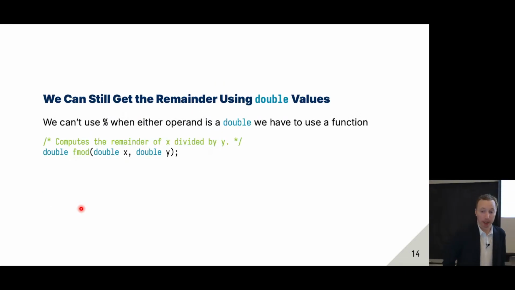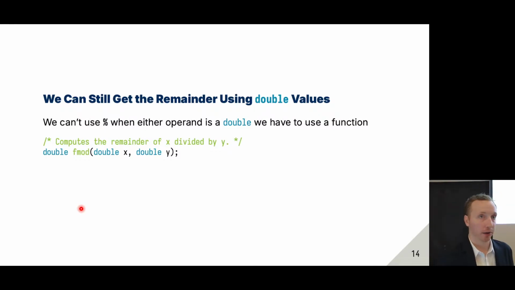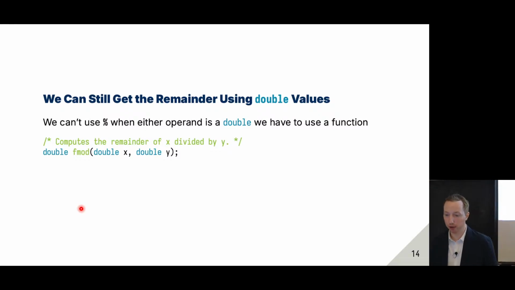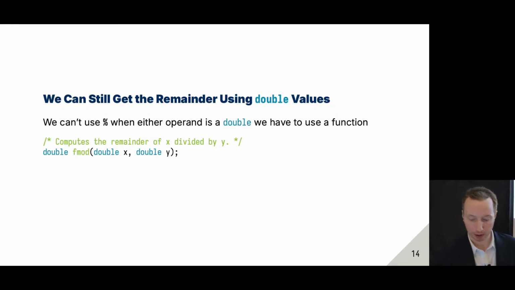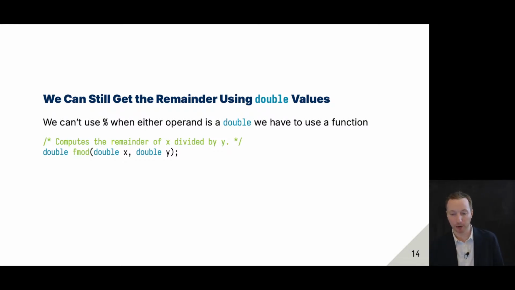We can still get a remainder using double values. Remember, we can't use the percent operator that gave us the remainder of an integer division, because that needs two integers. If we want the remainder using double values, we have to use a function.